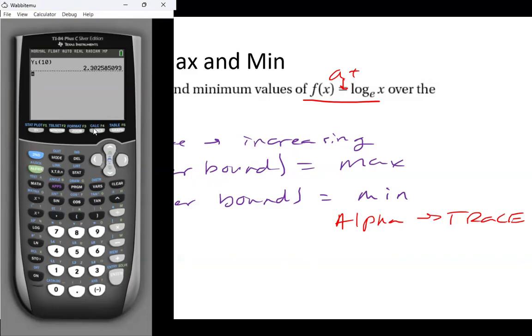I'm going to press it again, alpha trace. Well, what is alpha of 10 for y of 2? Oh my gosh, they're the same thing. Log base e and natural log are the same. What? That's crazy.